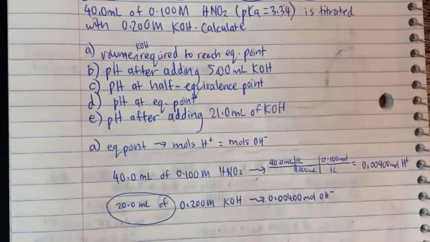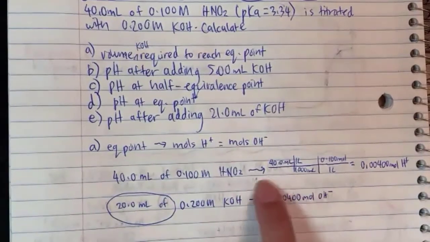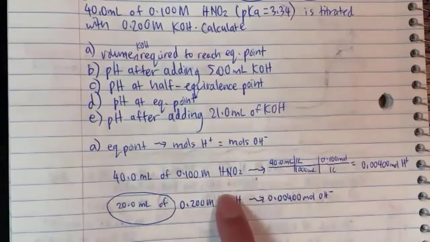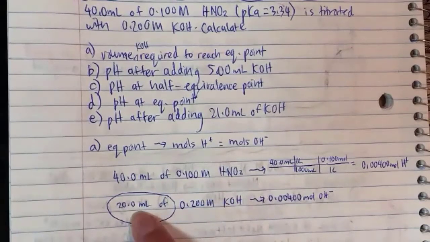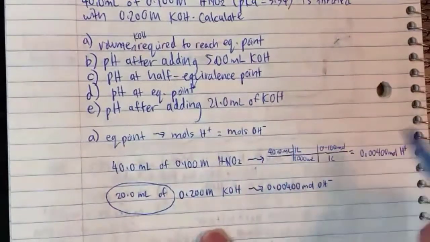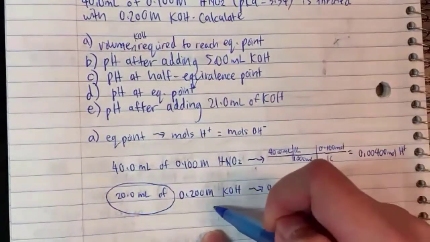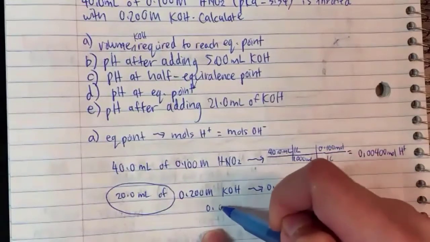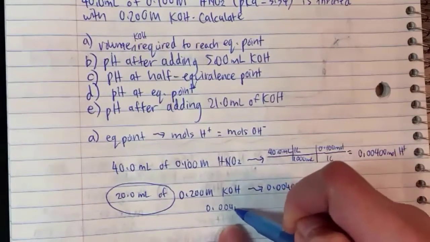If you couldn't do that, then you just take the moles and use the molarity, and you can calculate the volume as well. I'll just write down the equation just in case you want to have an example. You will start off with 0.004 moles.